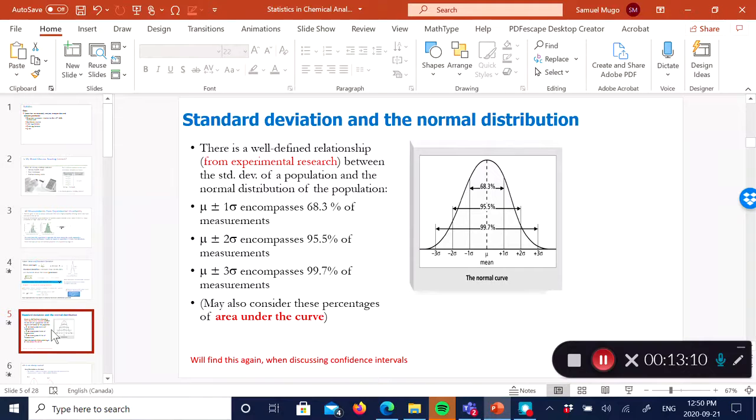Now, another way of representing these normal distribution curves is by calculating the area under the peak.